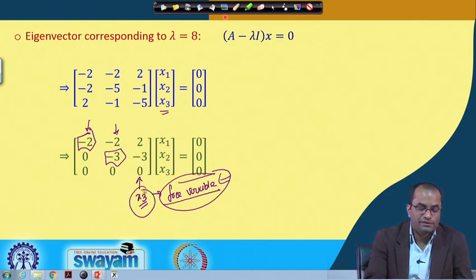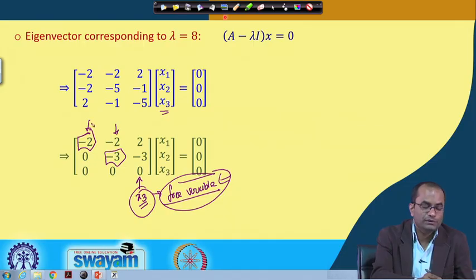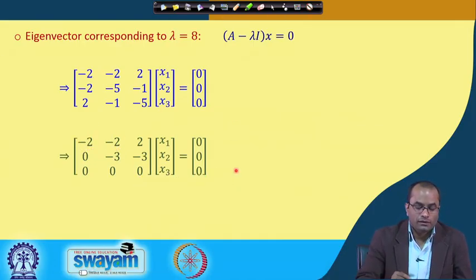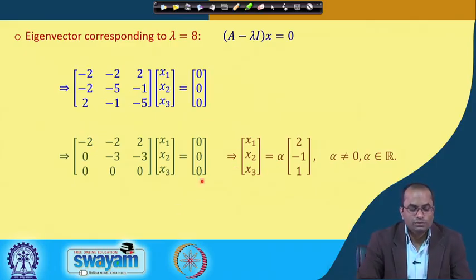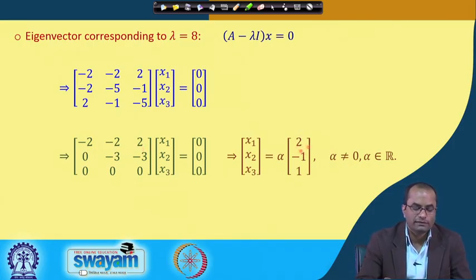So, this x3 is the free variable, which we can choose as alpha. Having that alpha, we can compute x1 and x2 in terms of alpha. Then we can write down the solution of this equation, x1, x2, x3. Here x3 was taken as alpha, and x2 comes out as minus x3, so we get minus alpha, and from equation number 1 we get 2 times alpha for x1.